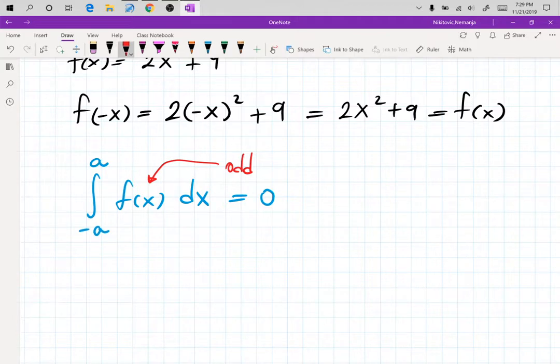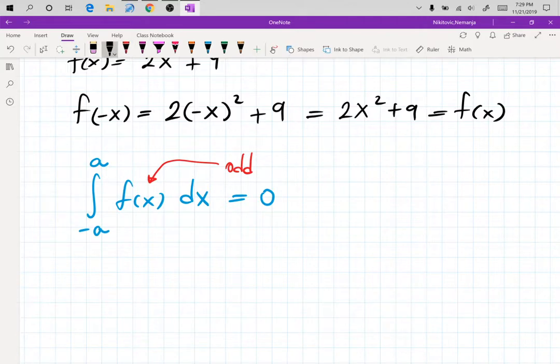So if the function is odd and you have a symmetric interval, that means negative 3 to 3 or negative 1 to 1. So it's important to have the same, negative a, positive a. You must have the same numbers there, with one being positive, one being negative. And for an odd function, the result is 0.